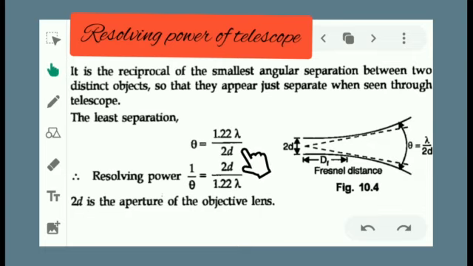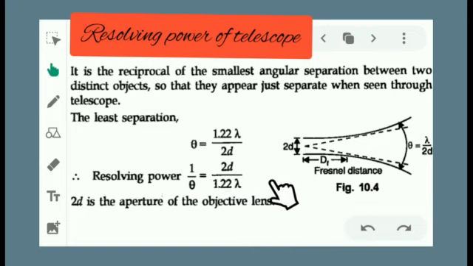So theta is equal to 1.22 lambda by 2D. This 1.22 is a constant. So what is resolving power? Resolving power is the reciprocal of the limit of resolution. So we get 2D upon 1.22 lambda.